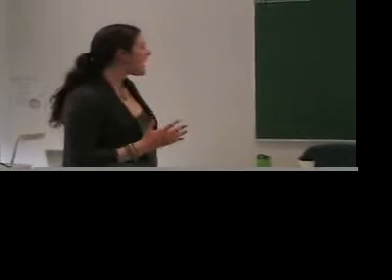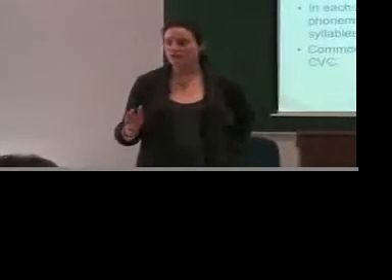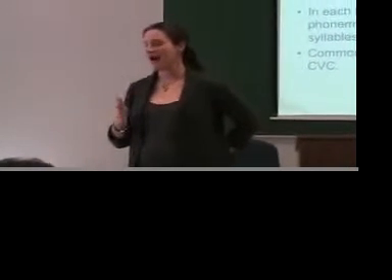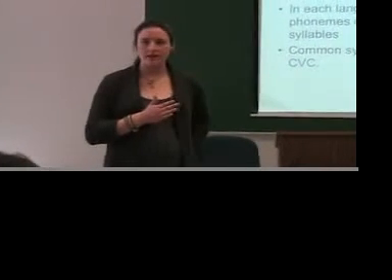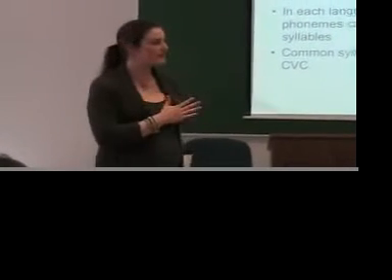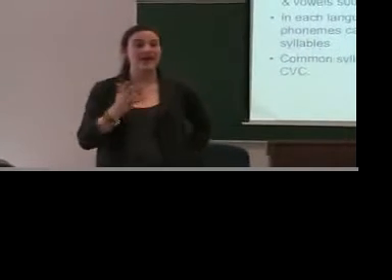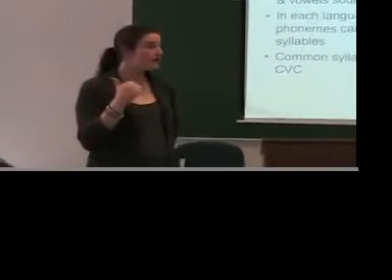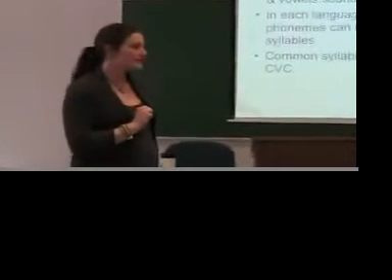A very common syllable structure in English, very basic, is consonant, vowel, consonant. So can somebody give me an example of a word that follows a CVC syllable structure? Cat. Cat, perfect. K, consonant, a, vowel, t, consonant.